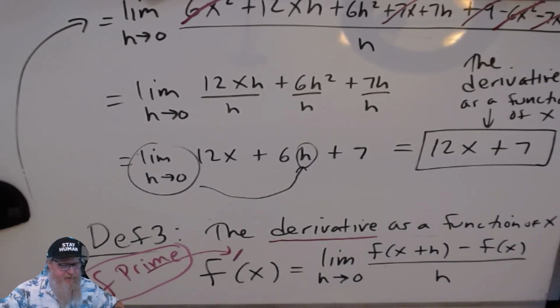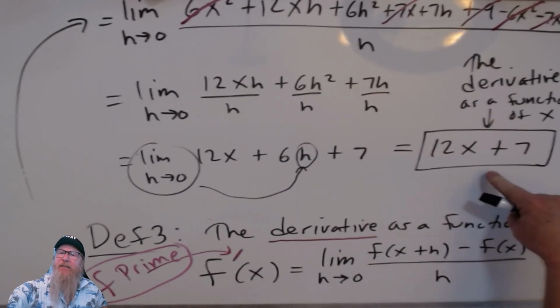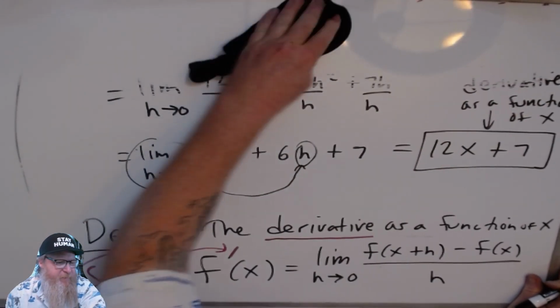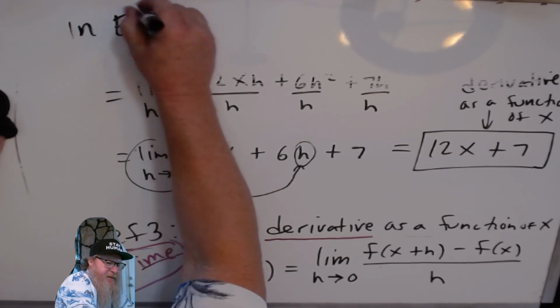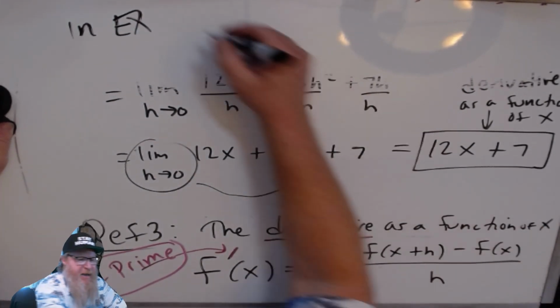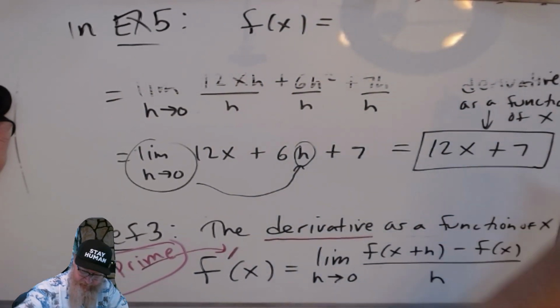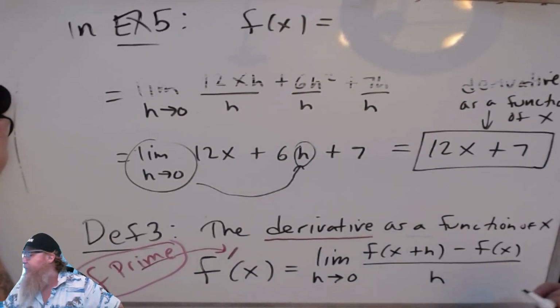And so my answer is 12x plus 7. So in example 5, what were we calling that? F of x was, oh God, what was f of x? I can't remember.